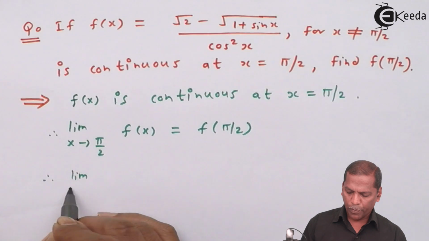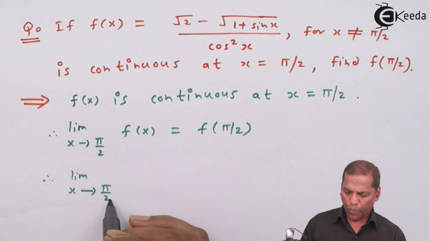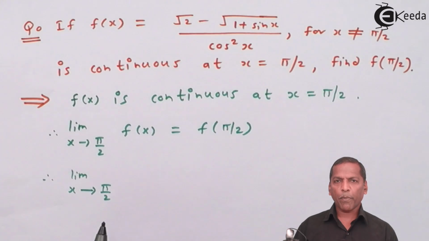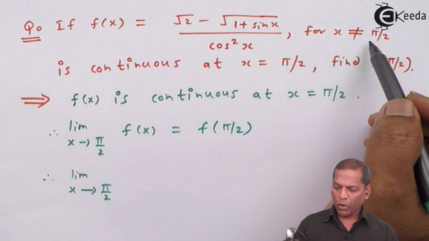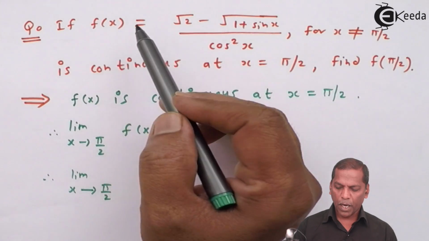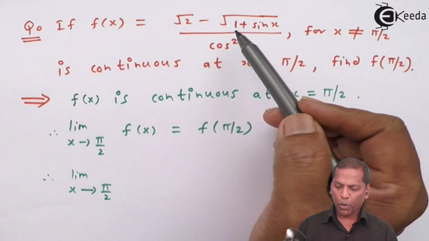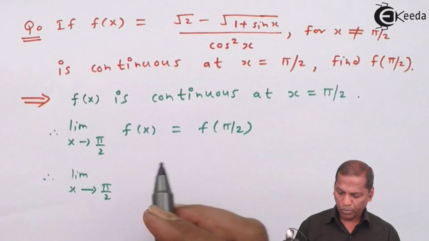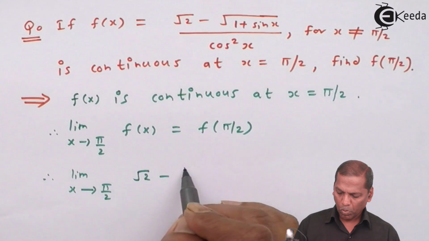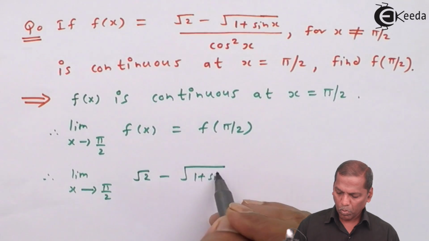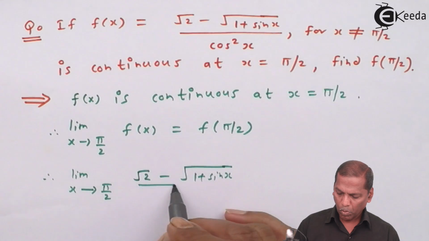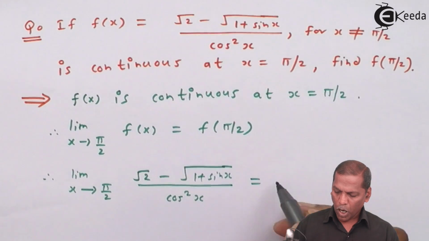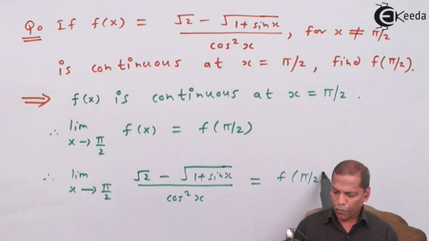Therefore, the next step will be limit x tends to pi by 2. Now x tends to pi by 2 means x not equal to pi by 2, and for that we have defined f of x as root 2 minus square root of 1 plus sin x, whole thing divided by cos square x, and that is equal to f of pi by 2.